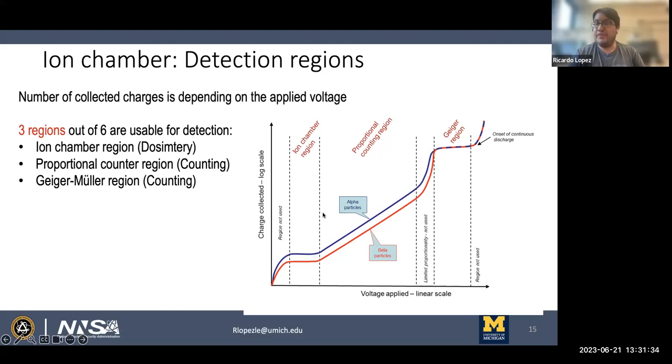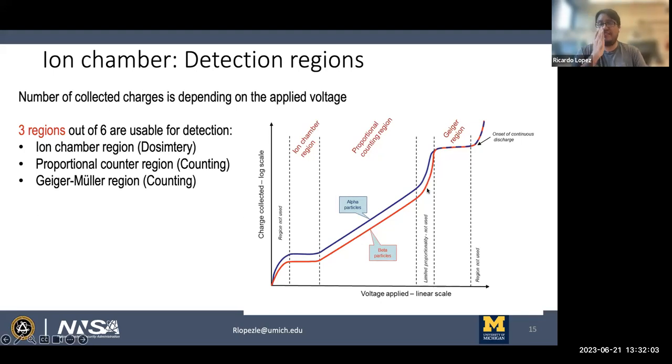As you apply even more voltage, you end up with the proportional counting region, where, depending on how much energy was deposited, the charge changes accordingly and proportionally. You get more charge as a larger amount of ionization occurred, which gives you a good sense that your counting is consistent.